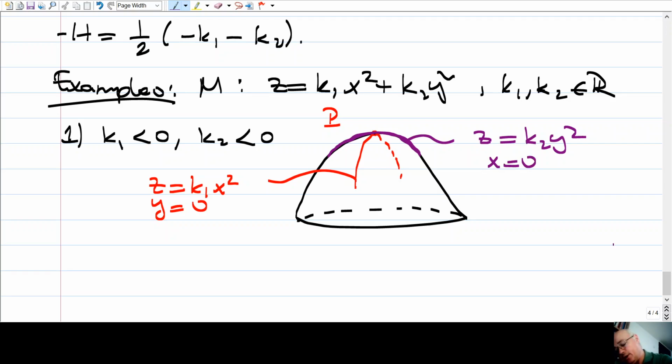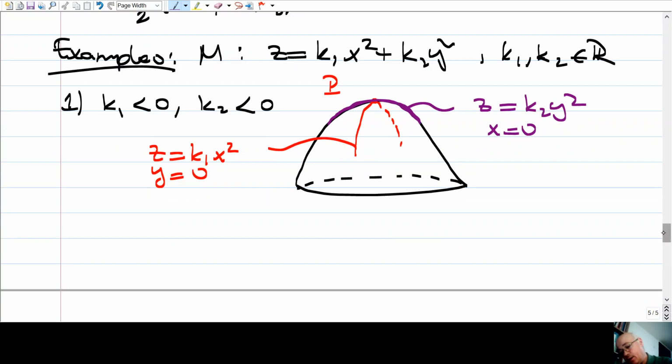So two cross sections. If you compute the curvatures of this surface at this point, we will see that K1 and K2 are principal curvatures, and in this case they are both negative.